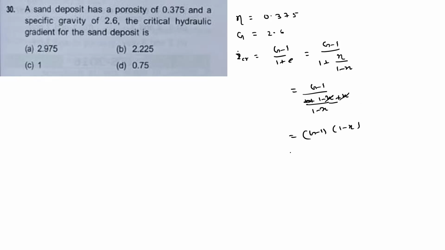So this is (G minus 1) into (1 minus n), and the rest cancels out. So G minus 1, that is 2.6 minus 1, which is 1.6, into 1 minus 0.375.